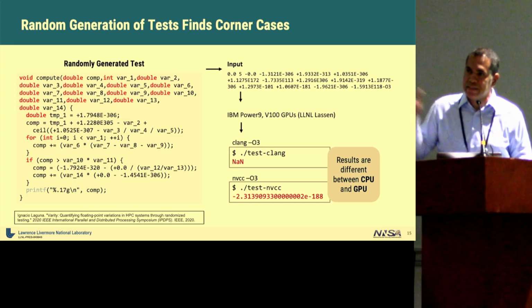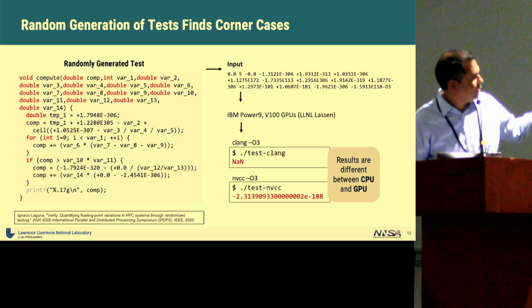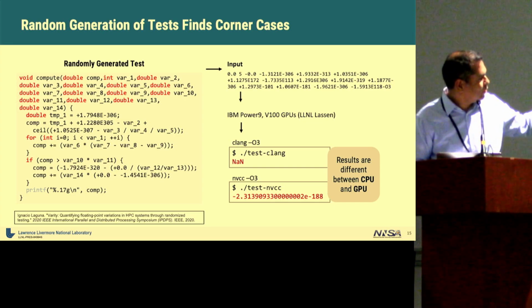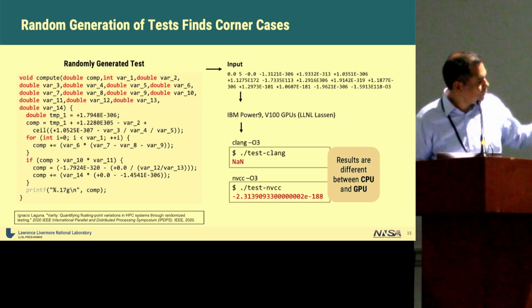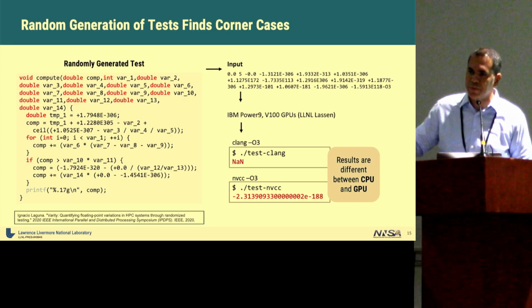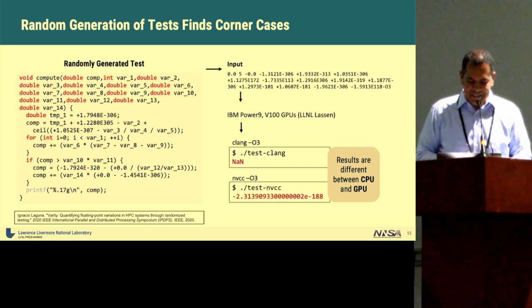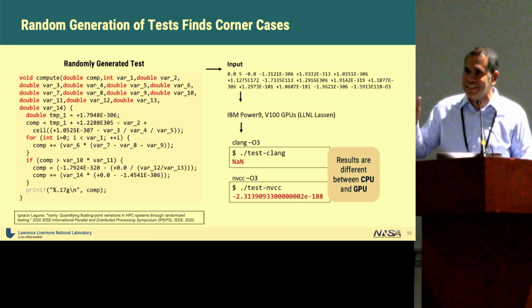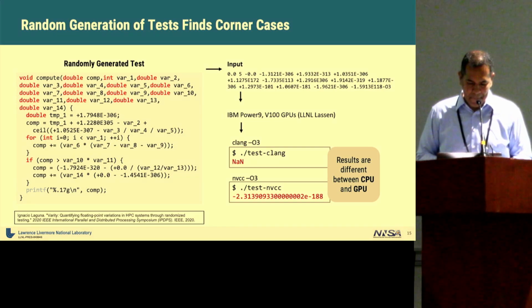But we find cases like this where you compile this random test and run it with an input, compiling with the same optimizations in two different compilers, and running it on the CPU and then on the GPU. You get totally different results. So we find cases like this just by randomly generating tests. Imagine what we could do with more advanced generative modeling.